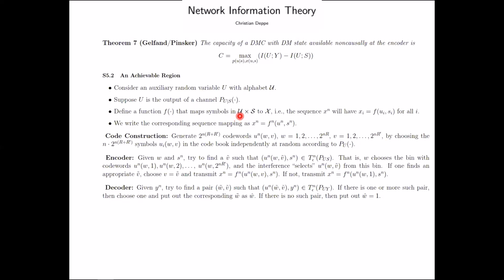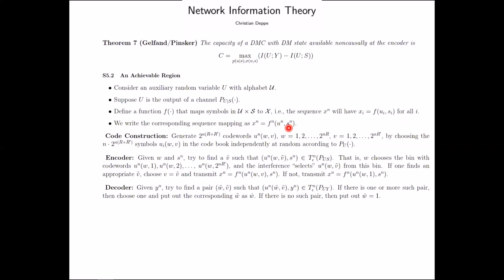So depending on the u, which will be in our codebook, and the state, we send letter x over the channel, which is the input alphabet. So the sequence x^n will have as individual letters x_i, depending on the function f, u_i and s_i for all i. And then we can write the mapping x^n equals f^n of u^n and s^n.